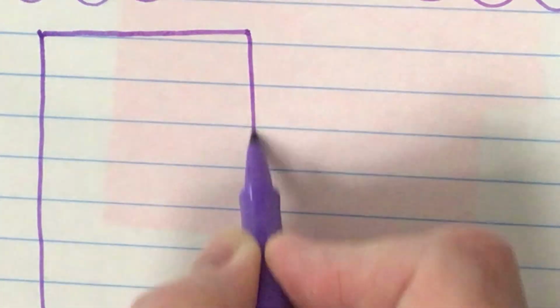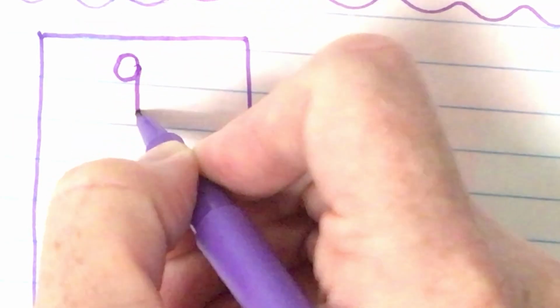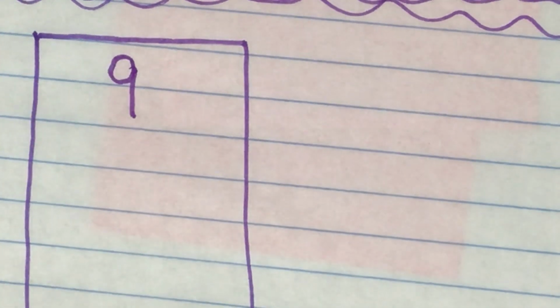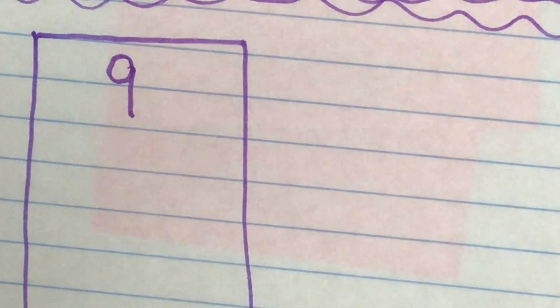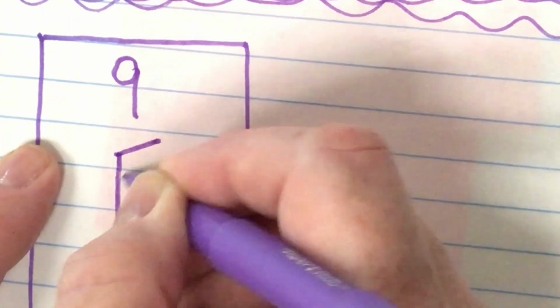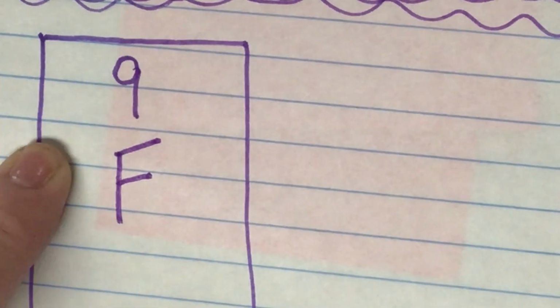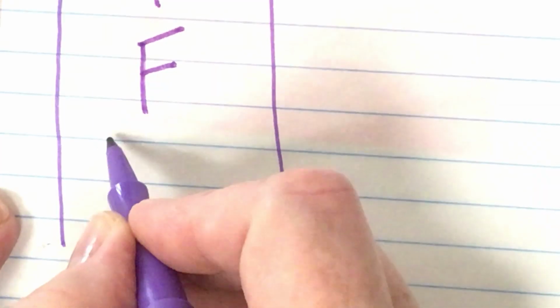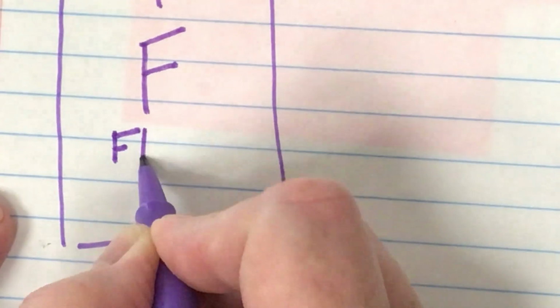All right, let's do the element. Let's make an element box. Okay, let's call this atomic number 9. Now, you don't have to have this memorized. We would look at the periodic table to find what element has 9 protons. Okay, we would find its symbol is F. And its name is, I have misspelled this almost my whole life.